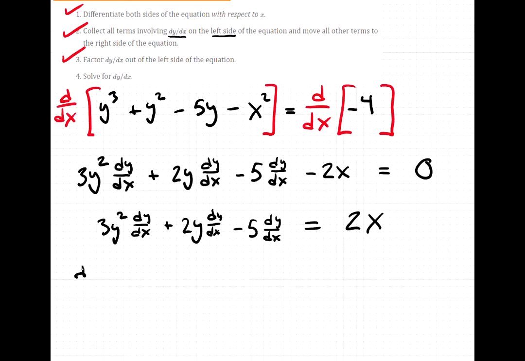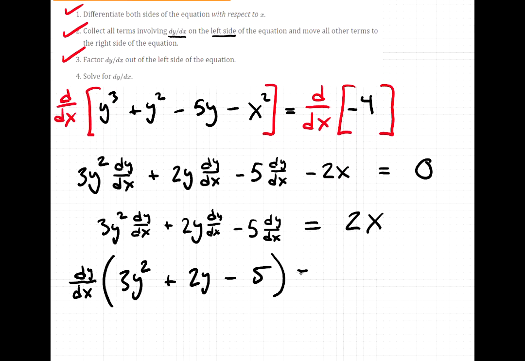So if we factor out the dy over dx, let me use soft parentheses, we're left with 3y squared plus 2y minus 5. And finally, solve for dy dx, which in this case means one step: divide both sides by that quadratic expression.